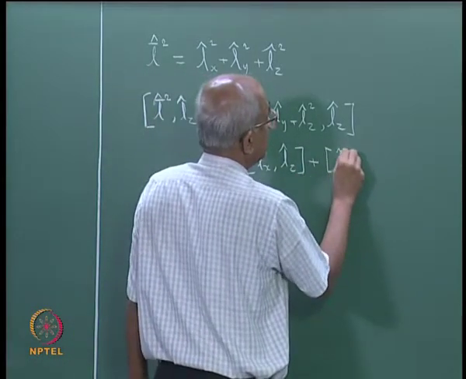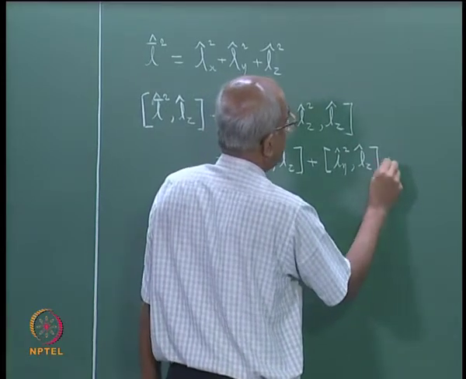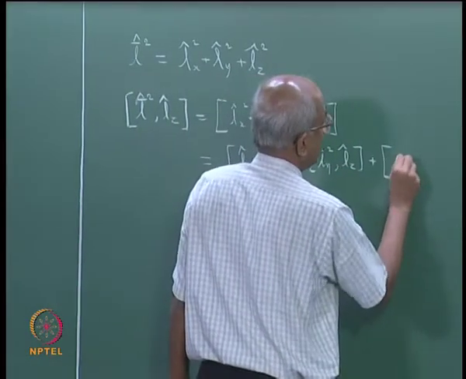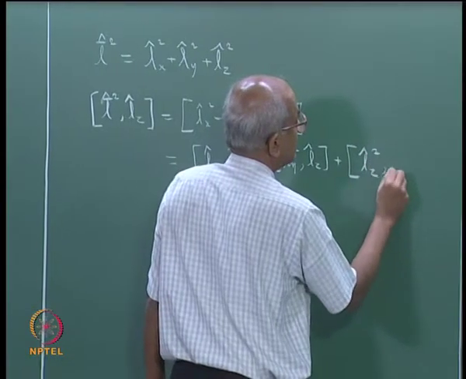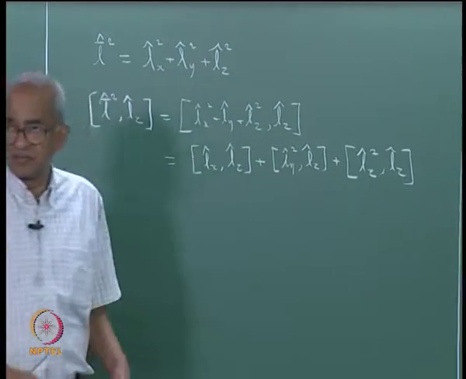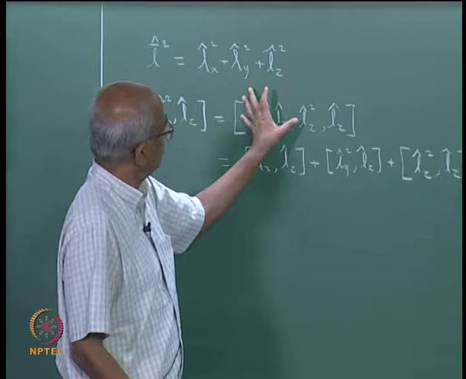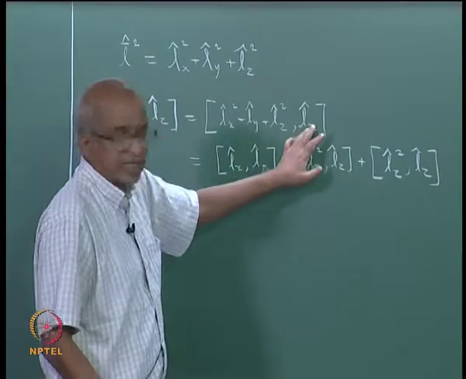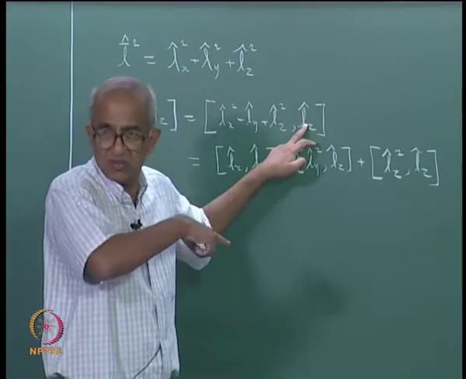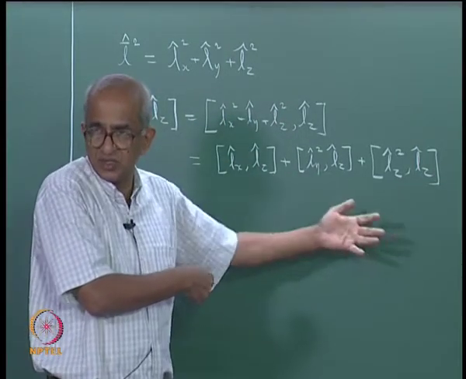[Ly square, Lz]. Very easy to verify this if you want to verify, but I would say this is obvious. All that you need to do, if you are not convinced, is write this followed by that, from that you subtract this followed by this expression, and you can see that it is just this object.